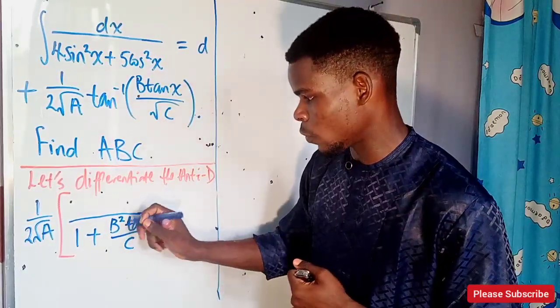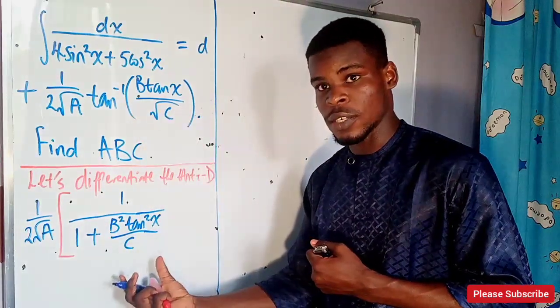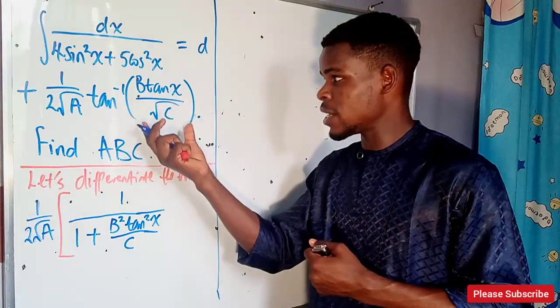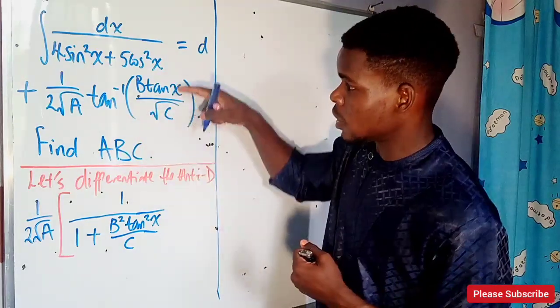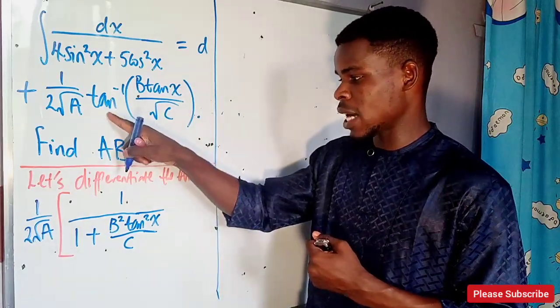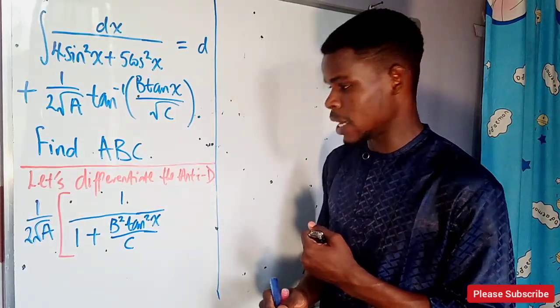So we usually have 1 over 1 squared plus the inside squared when differentiating the inverse tangent function. But you notice that this inside has another function of x, this tangent of x. So we will use the chain rule here by differentiating the outside function, which gives us this, and then multiplying by the derivative of the inside function.